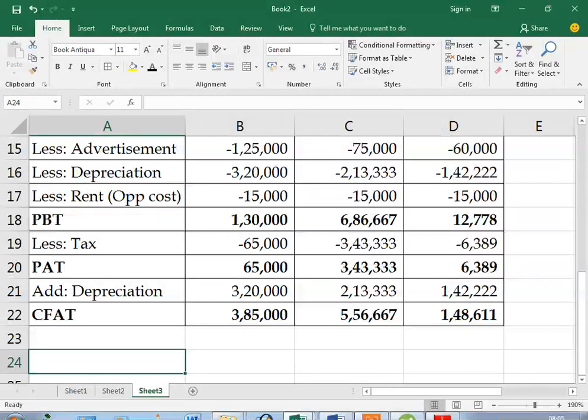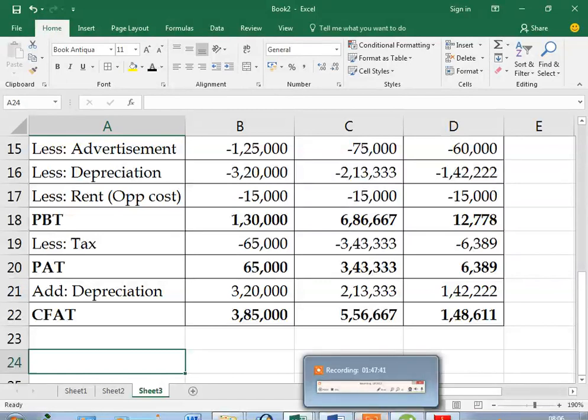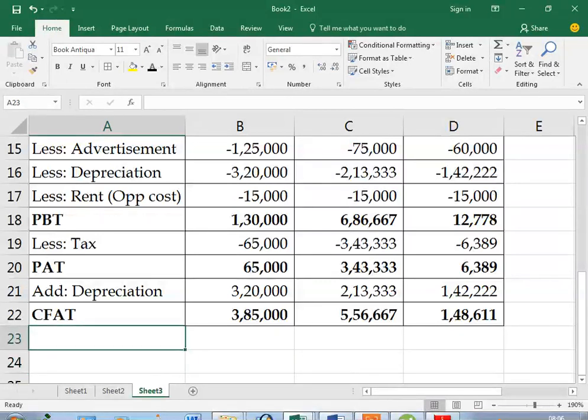Get the CFAT and then I'll tell you a few more adjustments which are to be done. If you're done with CFAT, let me know. I'll explain the balance part.